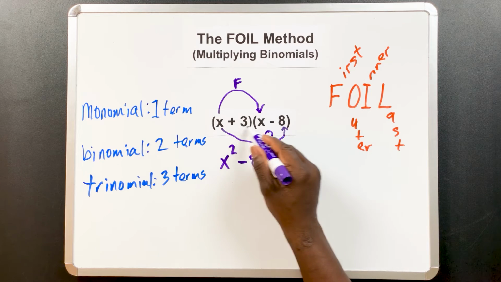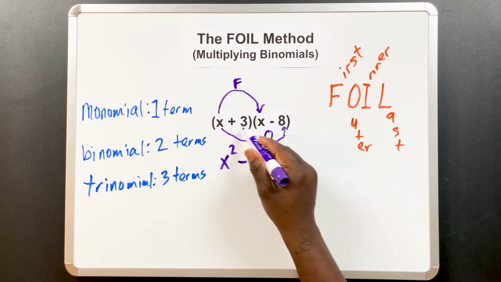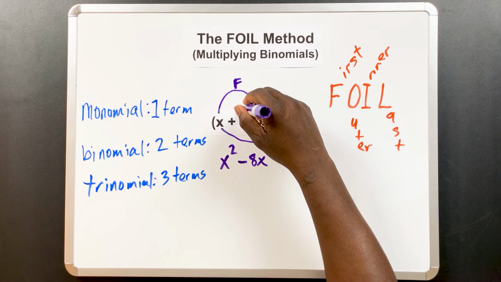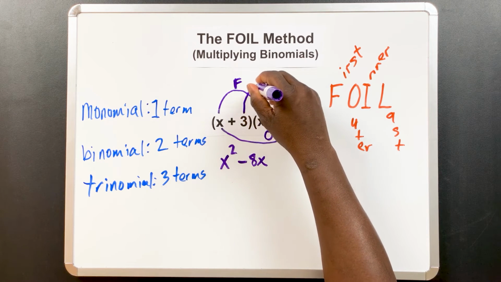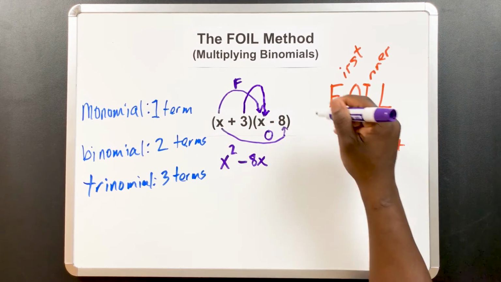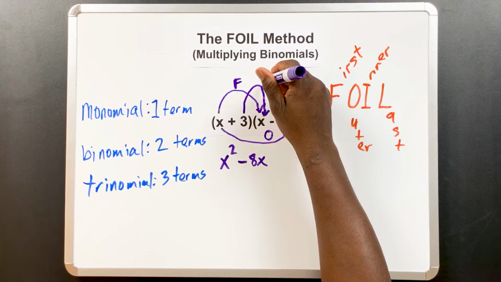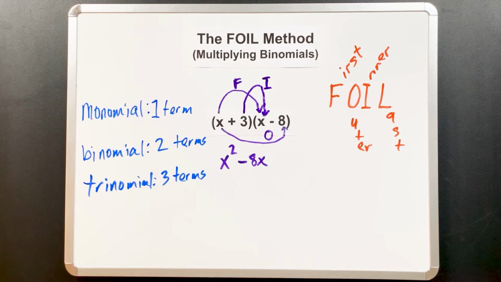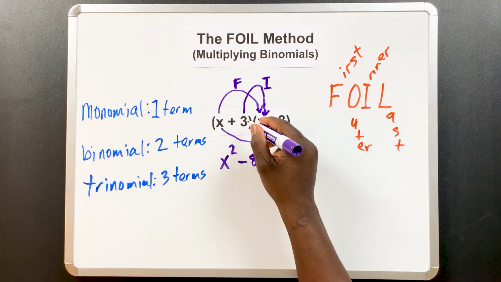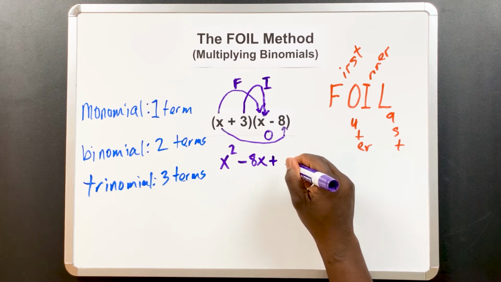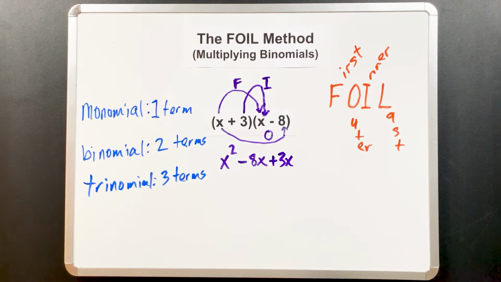Now we're going to focus on these two inner terms, if you will. We're going to call them inner. So we're going to multiply positive 3 times that positive x. We're going to call that I. So 3 times x, that's plus 3 times x.